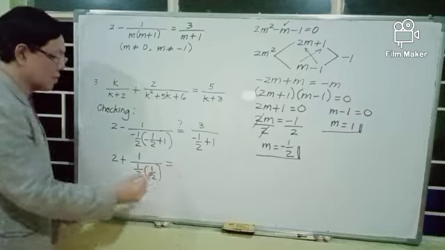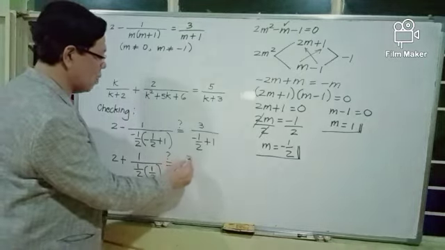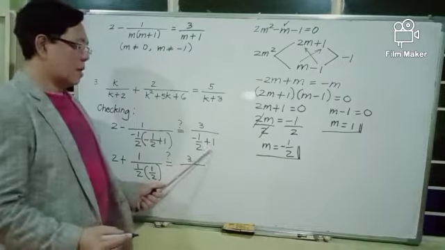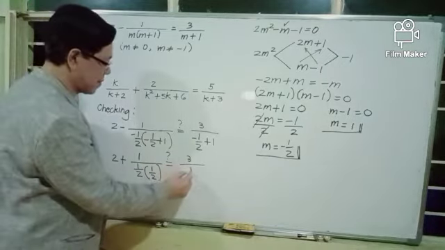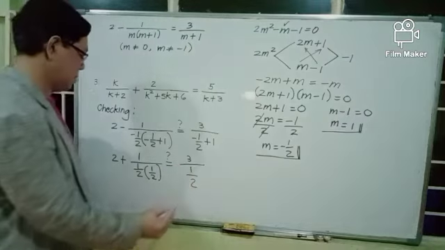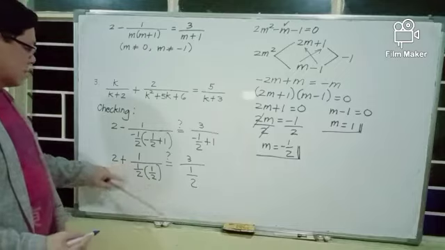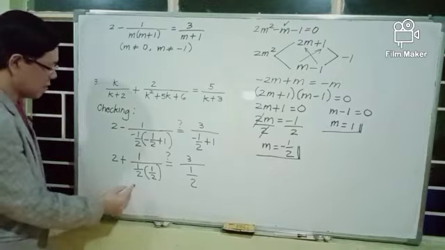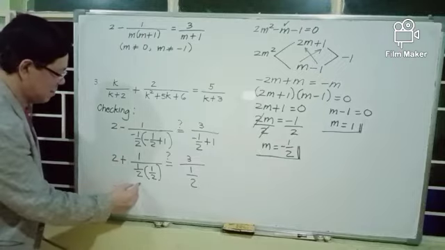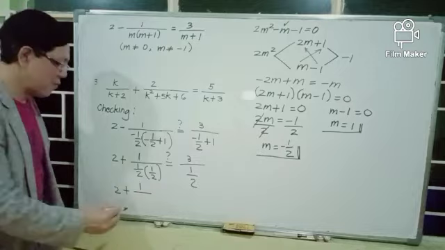We want to check if this quantity is equal to 3 over, again, 1 minus 1/2 is 1/2. And at the left hand side we have 2 plus 1 over 1/2 times 1/2, which is 1 over 4.